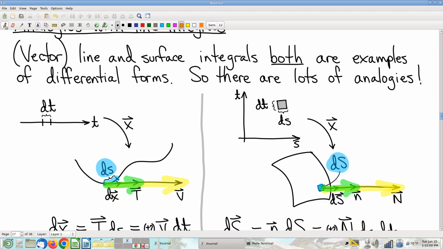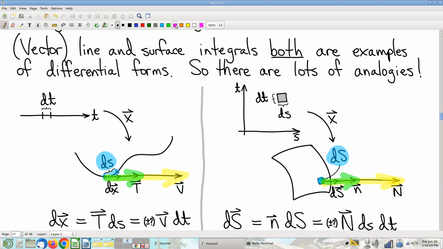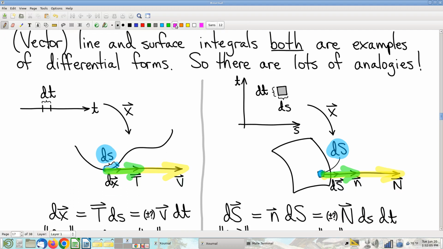And in both cases, we talk about the associated product here. Let me circle that better. This product here, T dS in the line case, and N dS in the surface case, right?